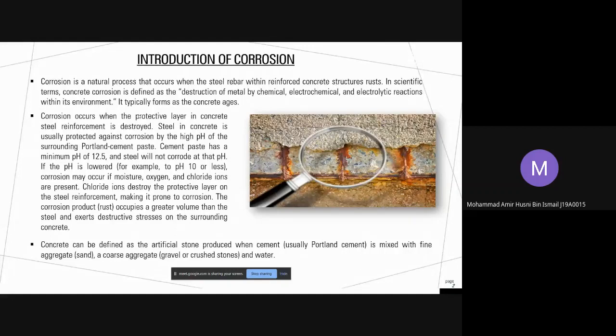If the pH is lowered, for example to pH 10 or less, corrosion may occur if moisture, oxygen and chloride ions are present. Chloride ions destroy the protective layer on the steel reinforcement, making it prone to corrosion. The corrosion product, rust, occupies a greater volume than the steel and exerts destructive stress on the surrounding concrete. That's all from me. Thank you.